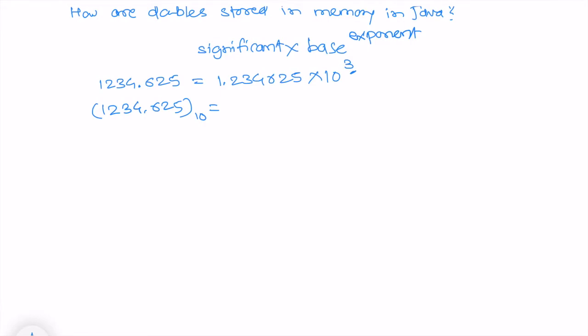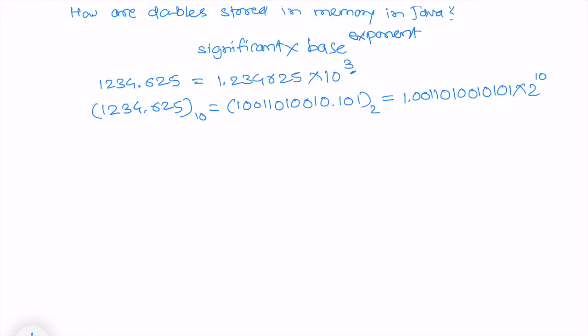So this in binary becomes 10011010010.101, and we can also represent this in the significand-base-exponent form, so this becomes 1.0011010010101 times 2 to the power 10, because we had to move the decimal point 10 digits to the left.